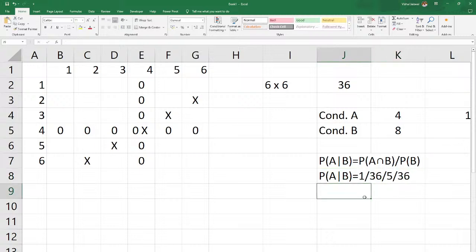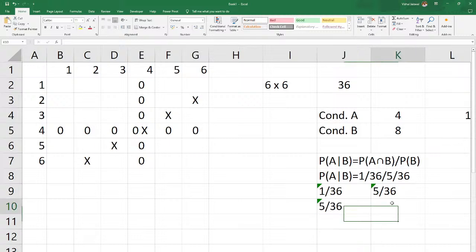Now, if you want to solve this, it will come to 1 by 36 divided by 5 by 36. Mathematically, dividing by a fraction is multiplying by its reciprocal, so it will come to this.